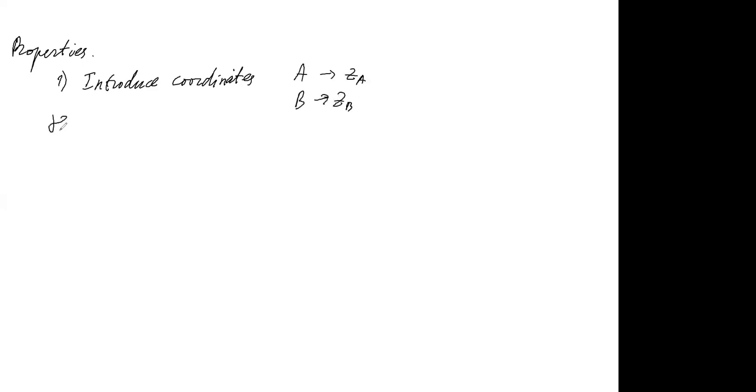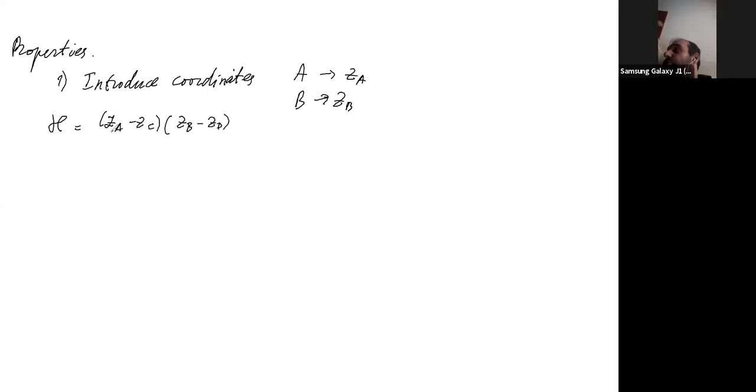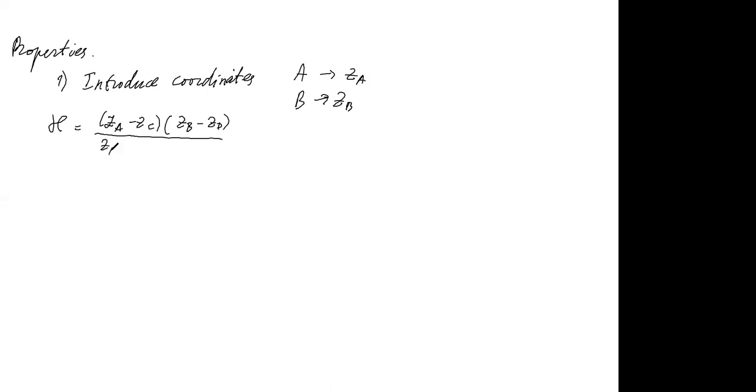Then the cross ratio will look like the following ratio of differences: ZA minus ZC times ZB minus ZD divided by ZB minus ZC times ZA minus ZD.